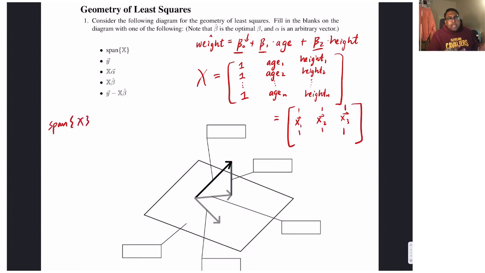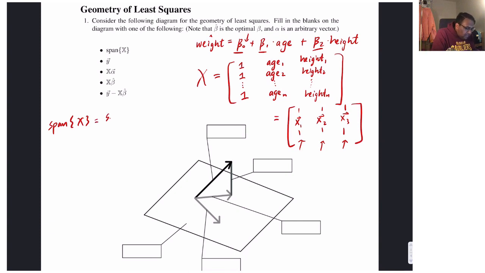Okay, the span of a matrix can be thought of as the set of all vectors you can reach by taking linear combinations of the columns of that matrix. In this case, our matrix is X, and so the columns of X are these vectors x1, x2, and x3, or in general, x1 through x sub p.